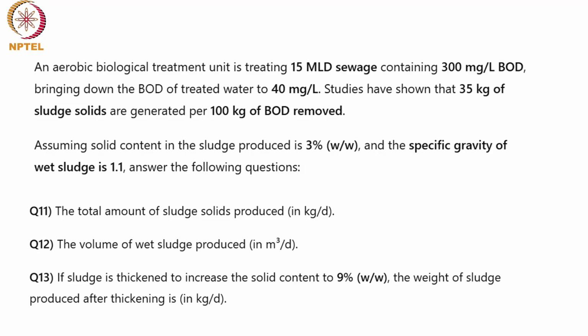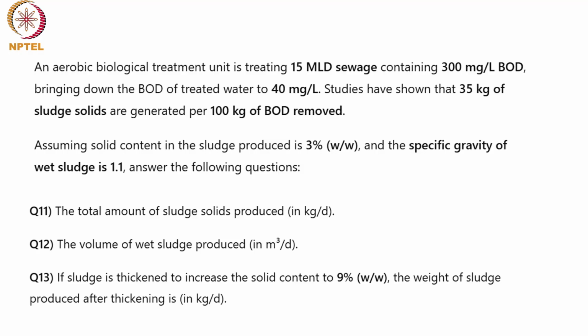Mass of sludge generated is 1365 divided by density of water, which is 1, into specific gravity of sludge. Here in the question it is given as 1.1 into 3%.